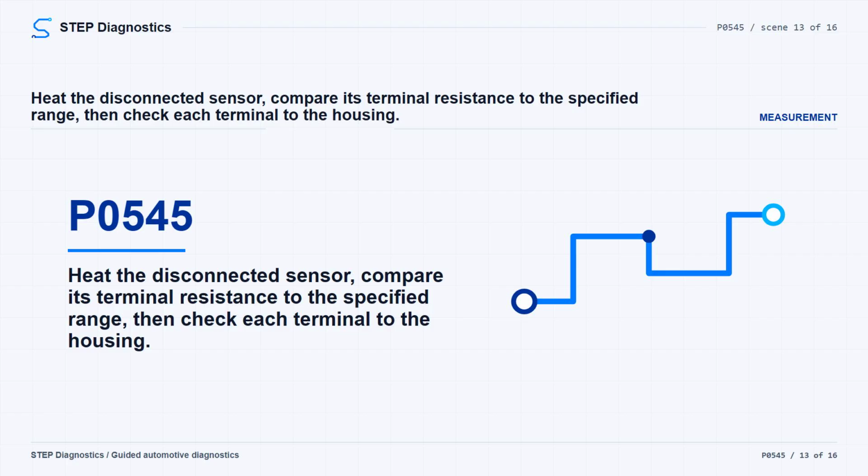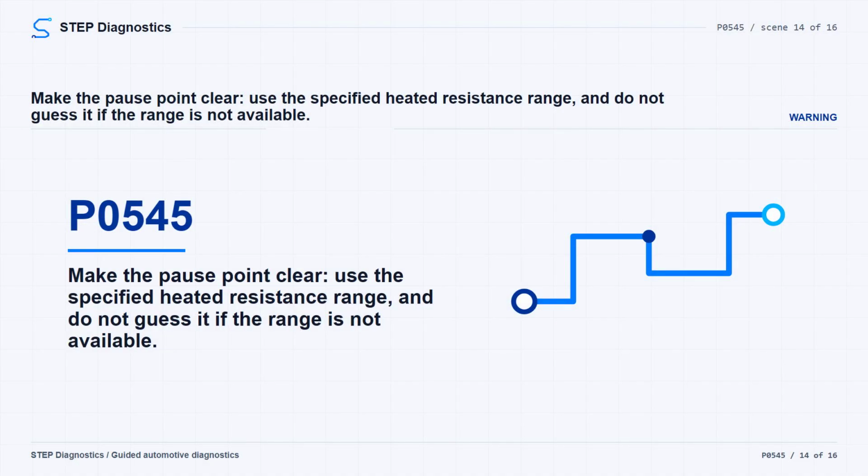If the resistance is not in the specified range, replace the B131 exhaust temperature sensor. If it is in range, test each sensor terminal to the sensor housing. That reading should be infinite resistance. If either terminal is less than infinite resistance to the housing, replace the B131 exhaust temperature sensor. If both checks pass, the component test is okay.